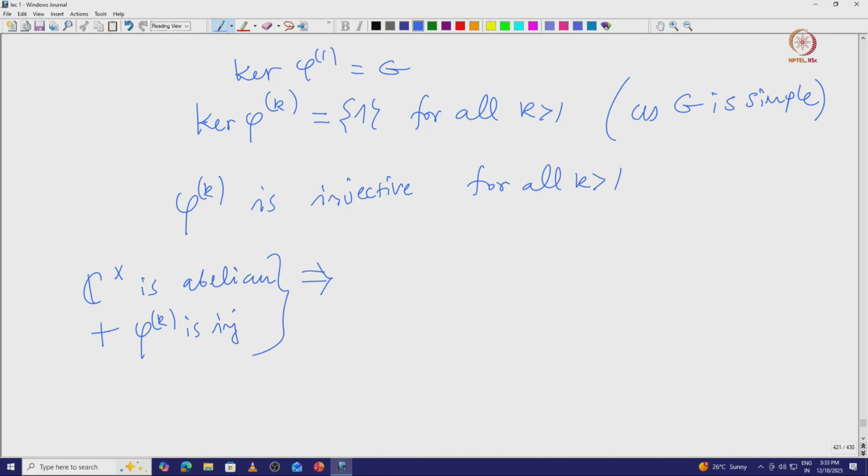So, this implies that phi k are not one dimensional representations. That means d k is greater than 1 for all k greater than 1. So, this is what we have.